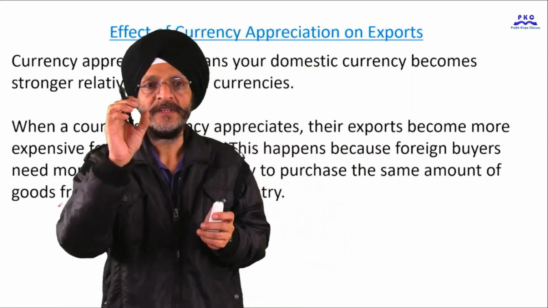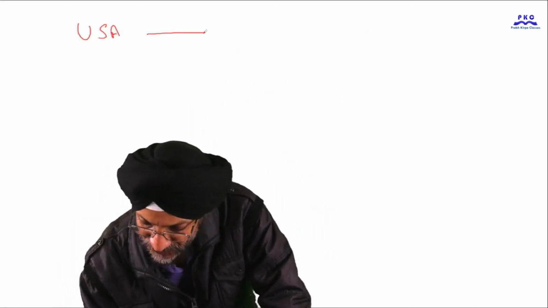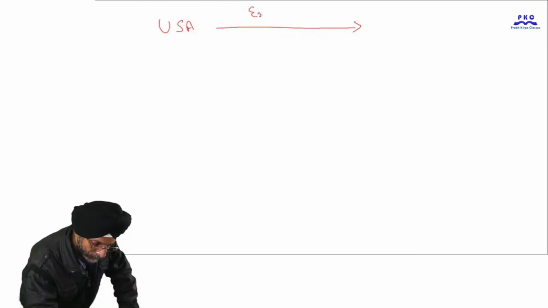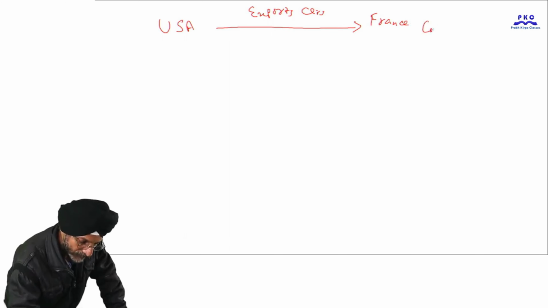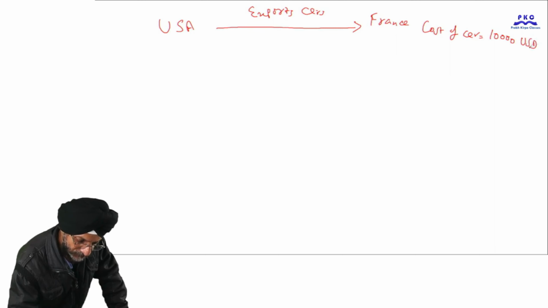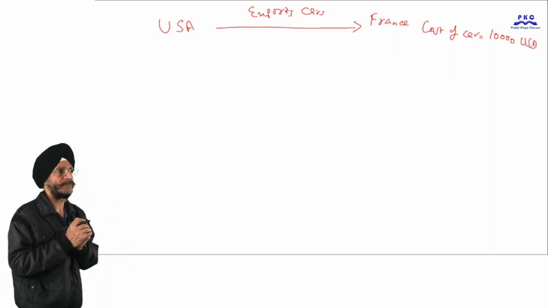We will understand what we have said with the help of an example. Suppose the USA exports cars to France. We assume that the cost of a car is 10,000 US dollars.